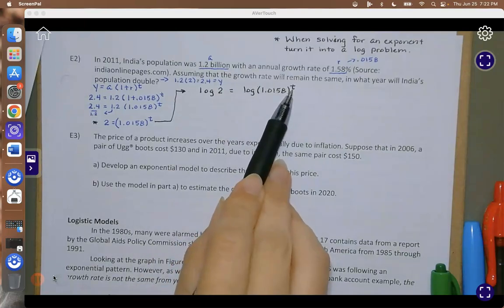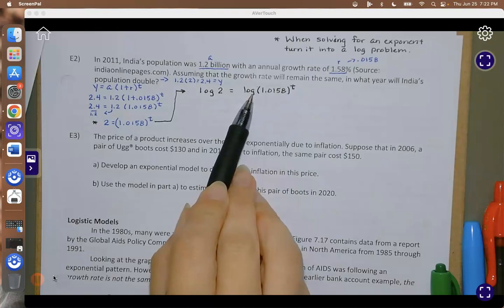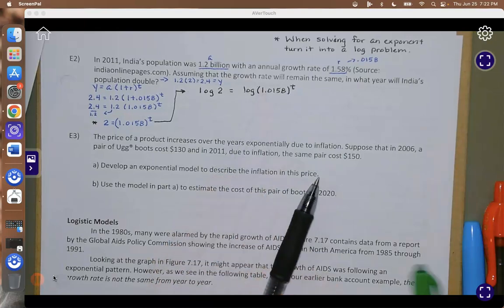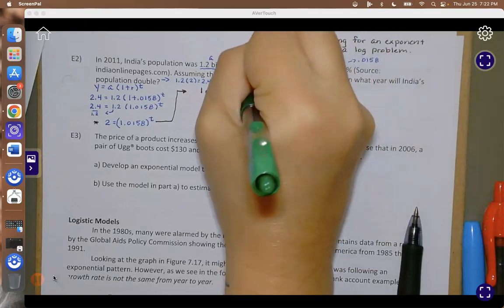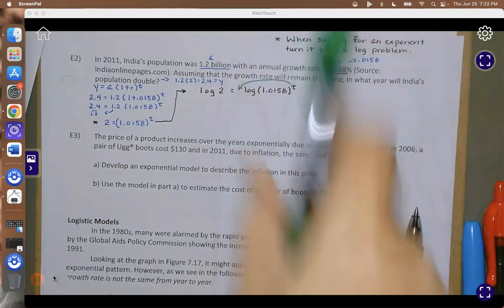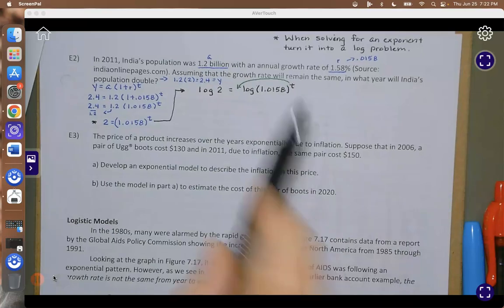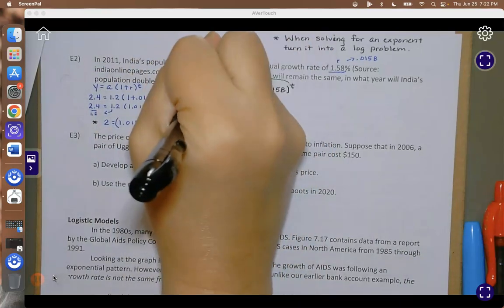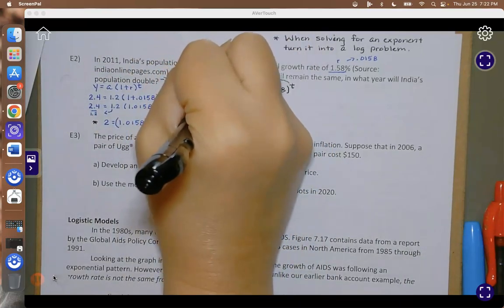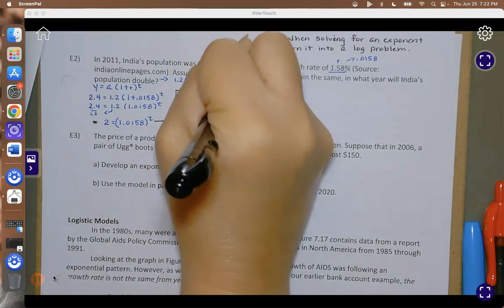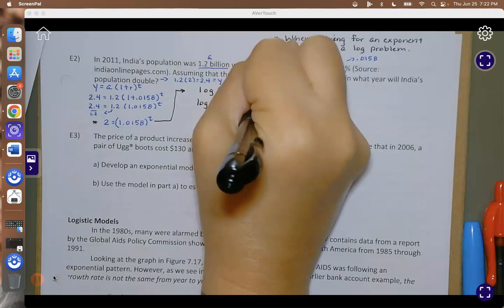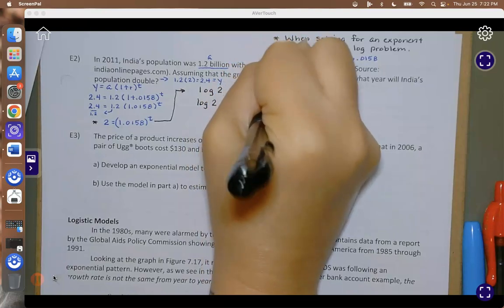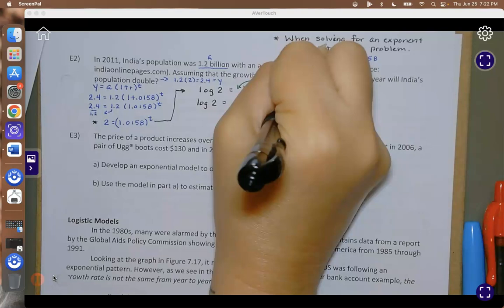If we have an exponent and it's a log problem, remember we're allowed to bring this t out front. So this is going to be log 2 equals t times log of 1.0158.